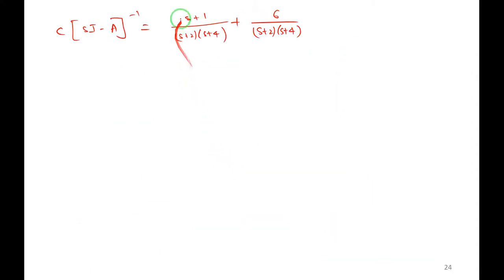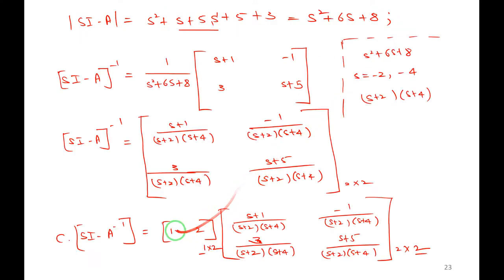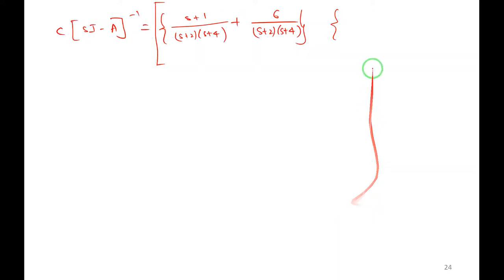1 minute. Yes. This is the first element. The second element will be coming here. Next, the second element I will write, because only one row, two columns, right? So first row, first column is over. First row, second column: 1 into this quantity, so I will get minus 1 divided by (s plus 2)(s plus 4).